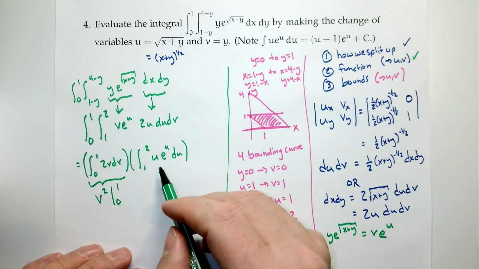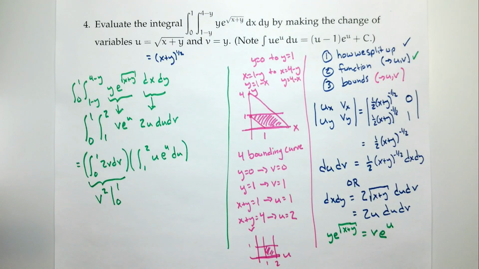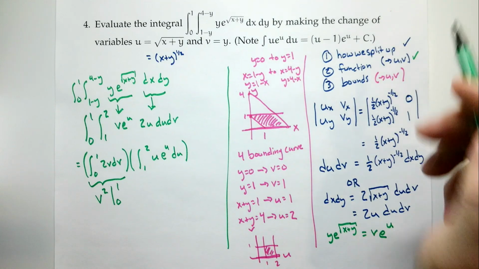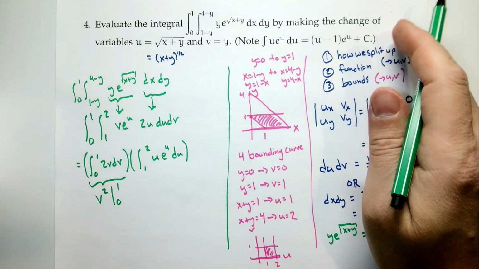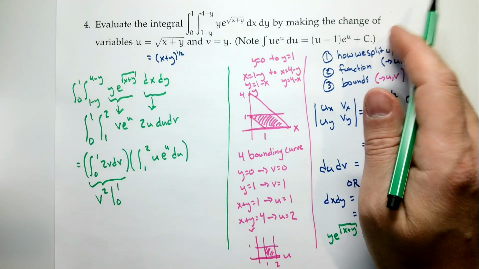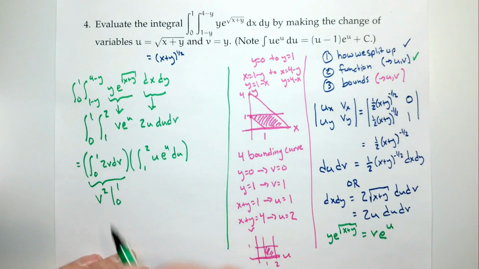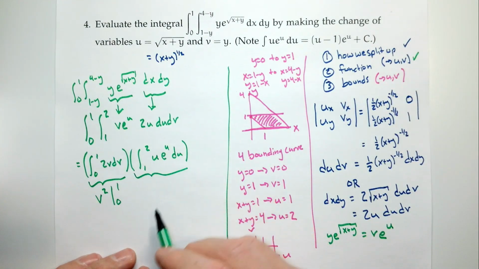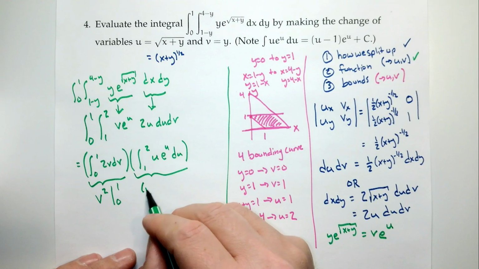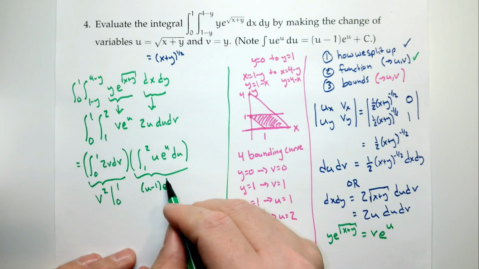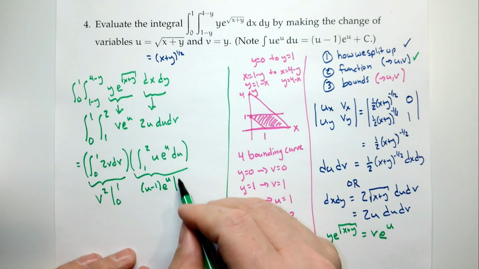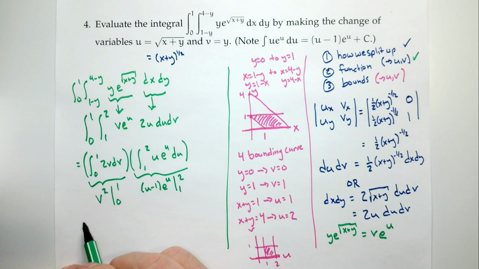Now we've got to integrate u e to the u. How could we do that? I wonder how we could possibly find a way to integrate u e to the u. Oh, wait a second, they gave us a hint. Oh, they are nice people. They care about us. So this is (u minus 1) e to the u, and we're going to evaluate from 1 to 2. Well, on the first one, v squared from 1 to 0 will be 1 minus 0.